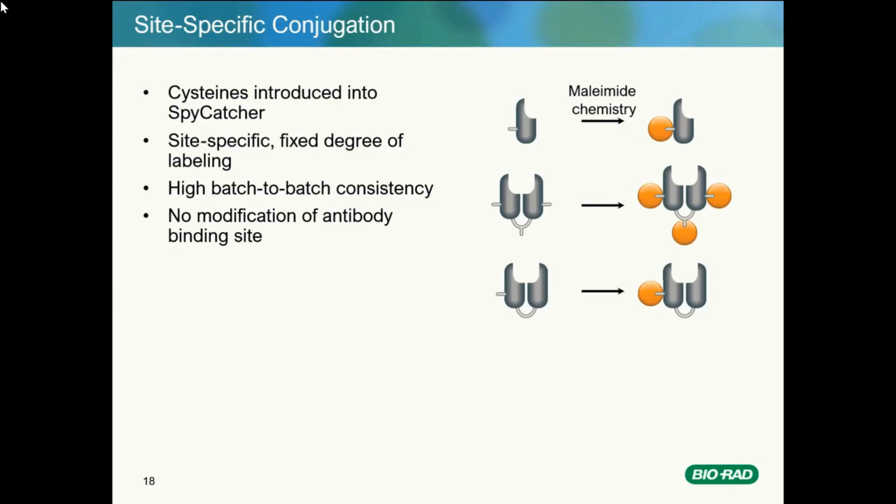And we can make a large batch of the pre-labeled SpyCatcher proteins, and multiple antibodies can be labeled with the same batch of pre-labeled SpyCatcher. And their performance can be compared more accurately because the variability in labeling has been omitted.